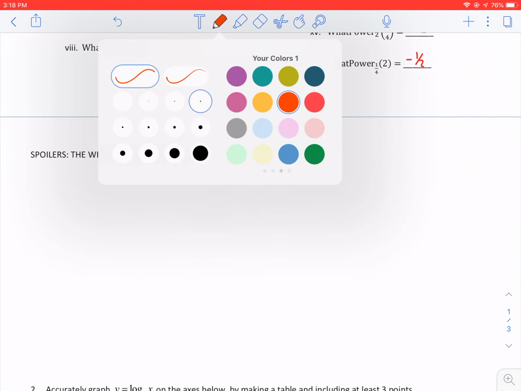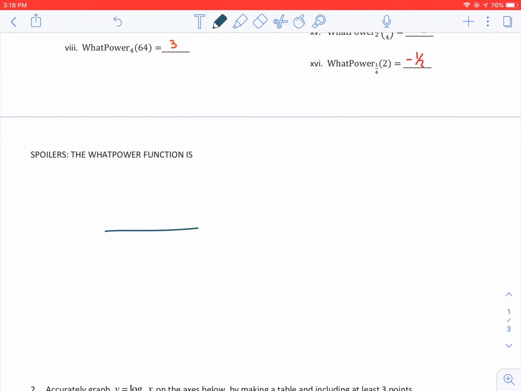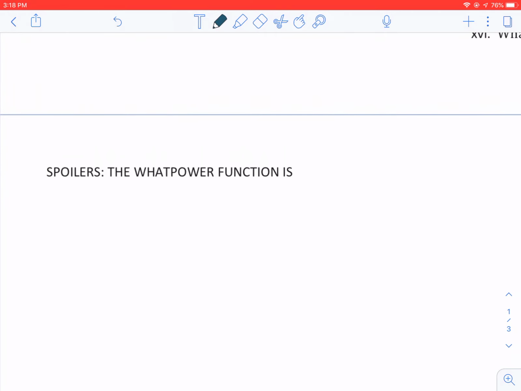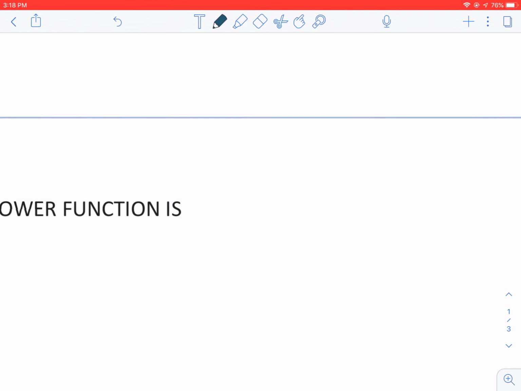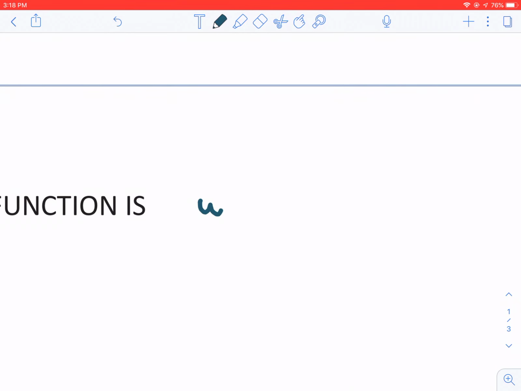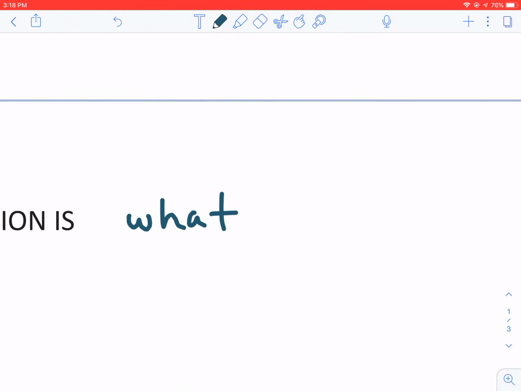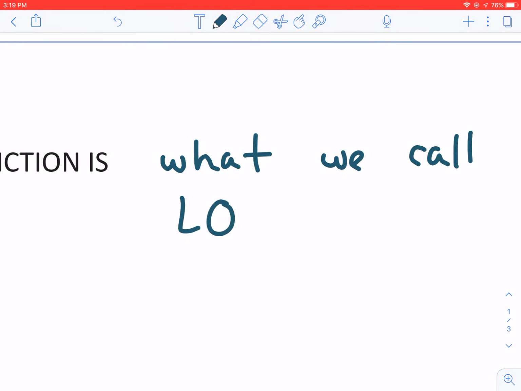And spoilers, but I'm sorry guys, the WhatPower function is not a real thing. It's just something I made up, but it is how I want you to think about what we're actually doing. And what we're actually doing is what we call logarithms.